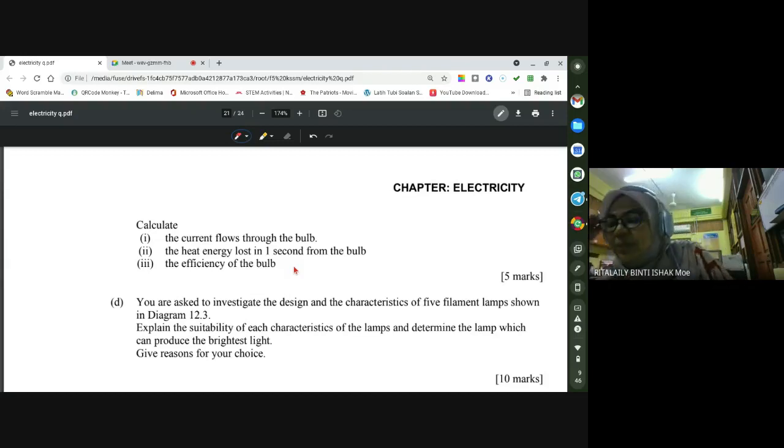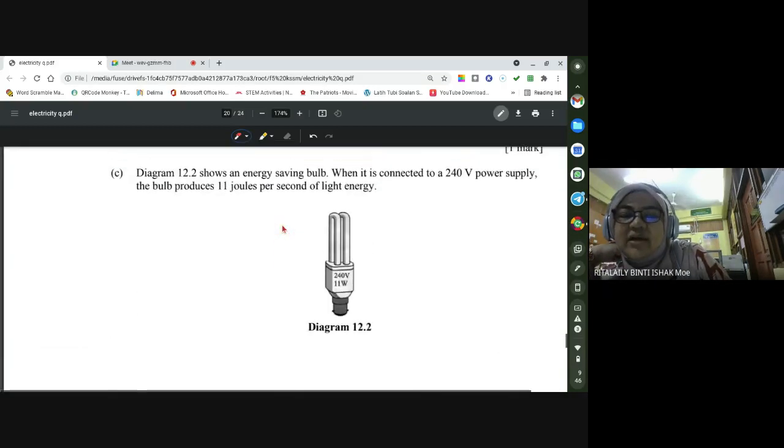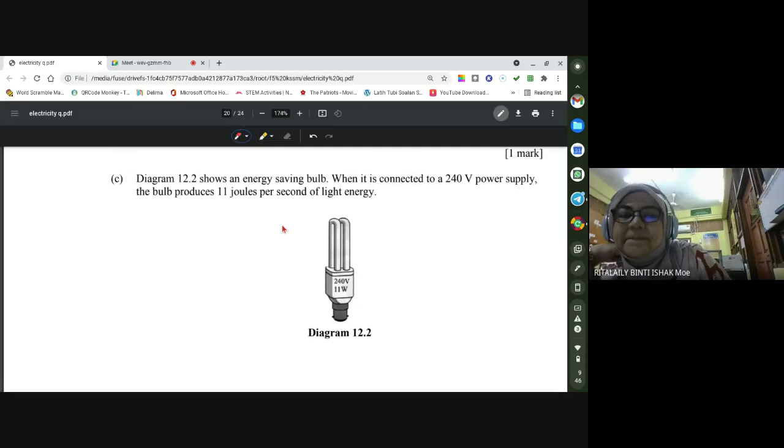How can output power be larger than input? Output power, check again. Input power is already given as 11 watt. So what is the output power? So 11 joule per second of light energy is produced.